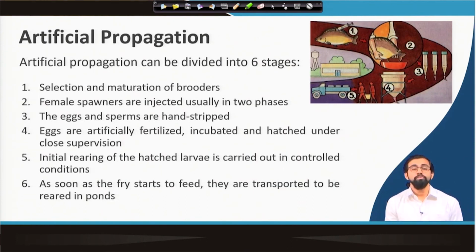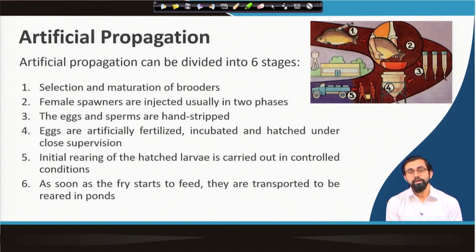In case of artificial propagation, it can be divided into 6 different stages. First, you have to go for the selection of the brooder fish. You have to go to the school of fishes and try to find the female fish with its optimum conditions.